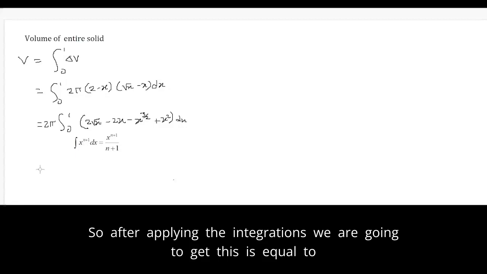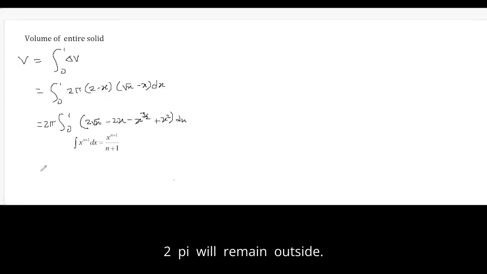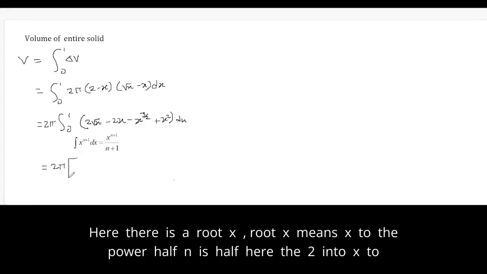So after applying the integration we get 2 pi remaining outside. Here root x means x to the power half, so n is half.